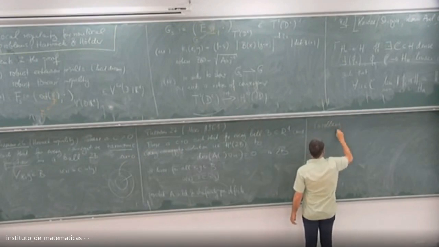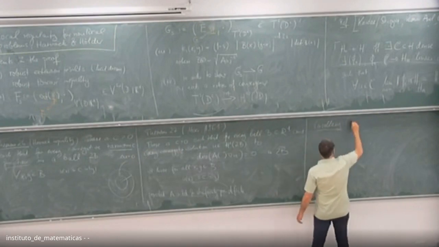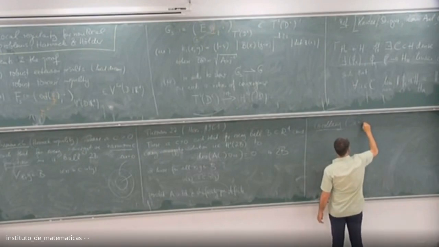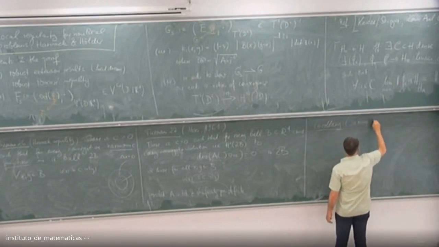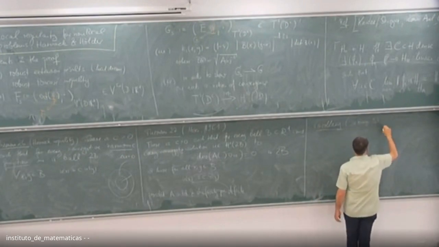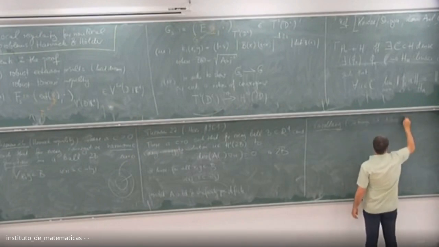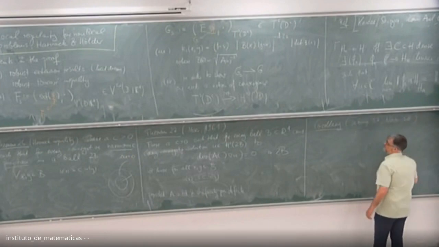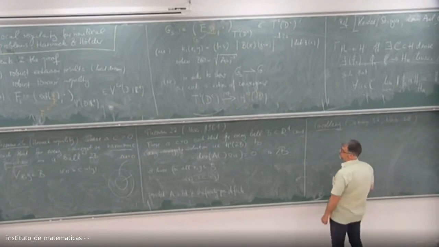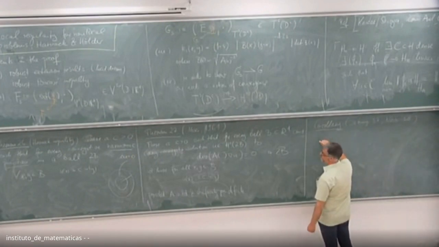And this corollary had been found by Emil De Giorgi already in 57 and Nash in 58, I guess. We can formulate it like this. Solutions, here you don't need non-negativity.